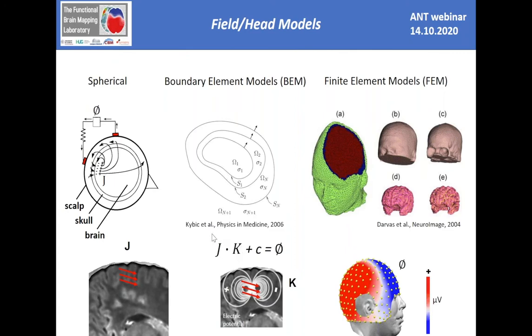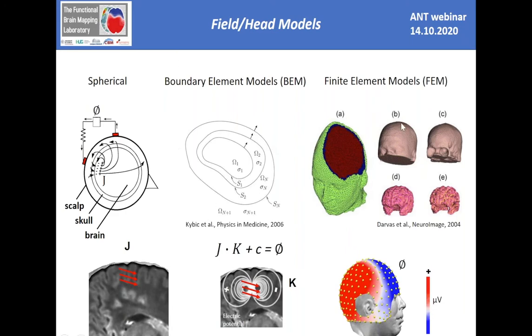If you have a specific number of sources, you multiply that by K, and this K is only dependent on this field model here. And the field model is primarily dependent on the conductivity values and the geometry. By geometry, I mean how far things are apart. So how distant is source A to electrode B, for instance, right? So that is the whole idea.